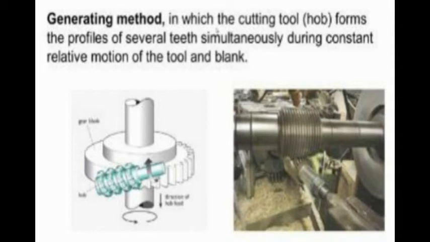There is a gear blank on which we want to make the gear, and there is the hob as the gear cutter, and the direction of hob feed you can also see, and the gear blank is rotated simultaneously. So this is about the various machining methods.